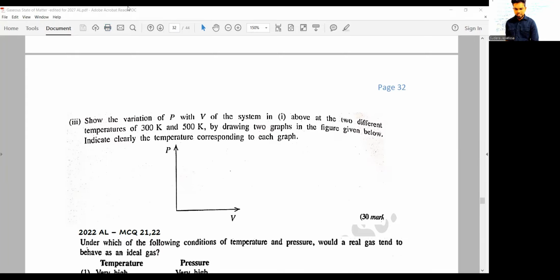But we learned later, there are graphs for each gas law, and those graphs will change according to the conditions we maintained as constant. Understood? So I'll show you how that is happening.